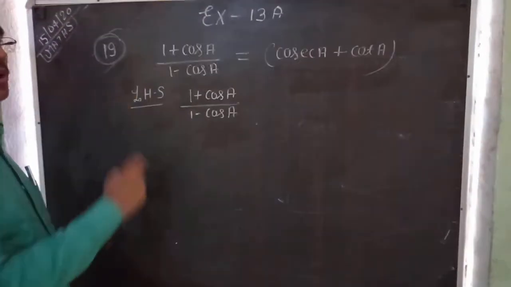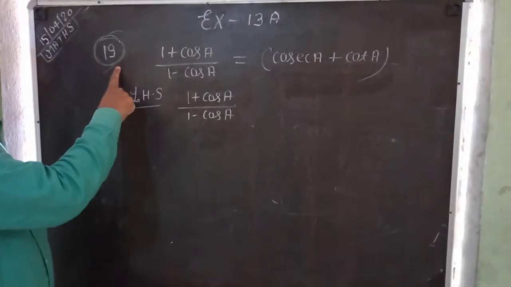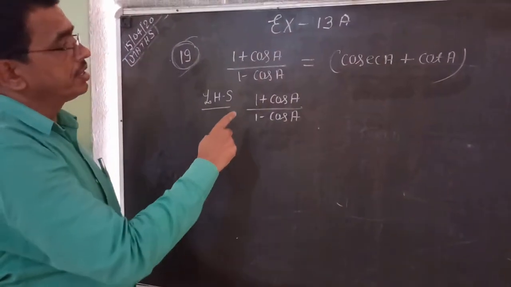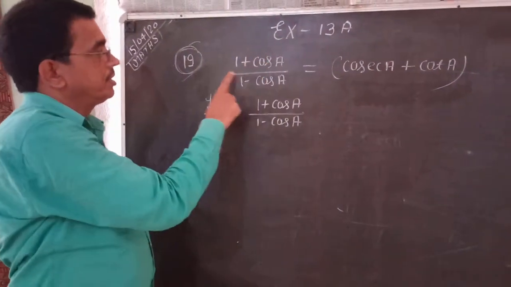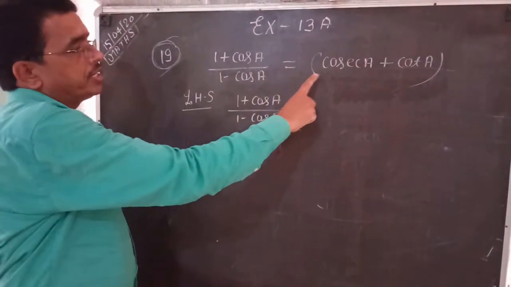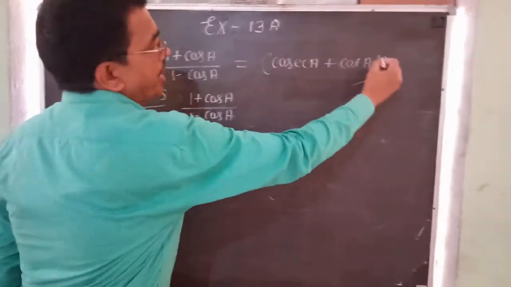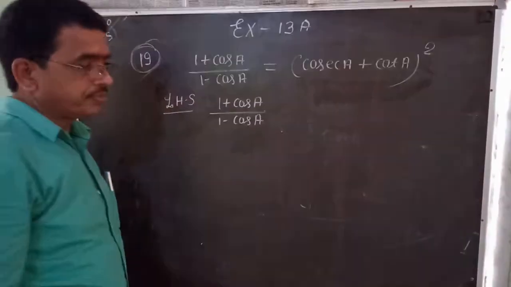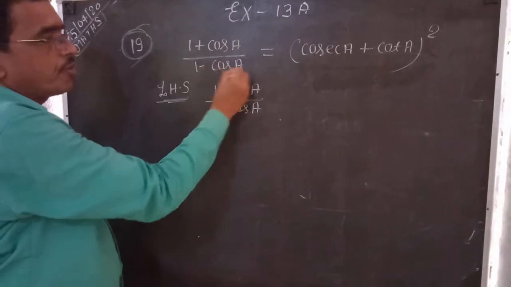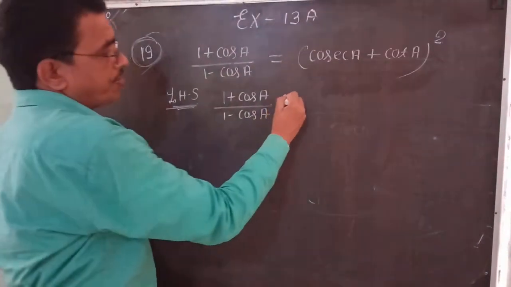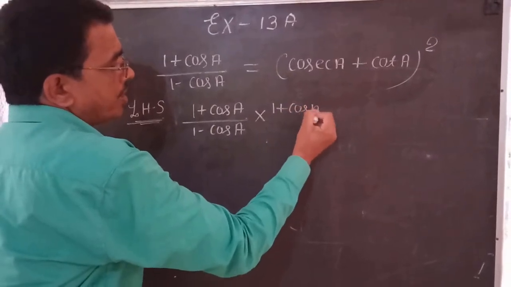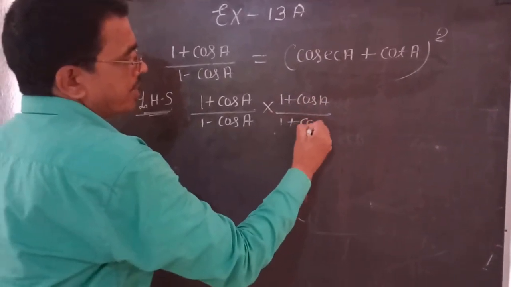Last question of today, that is 19 of exercise 13A, the new edition. It is 1 plus cos A by 1 minus cos A is equal to cosec A plus cot A whole square. First you write the left hand side, 1 plus cos A by 1 minus cos A. So first you multiply by 1 plus cos A by 1 plus cos A on both sides.